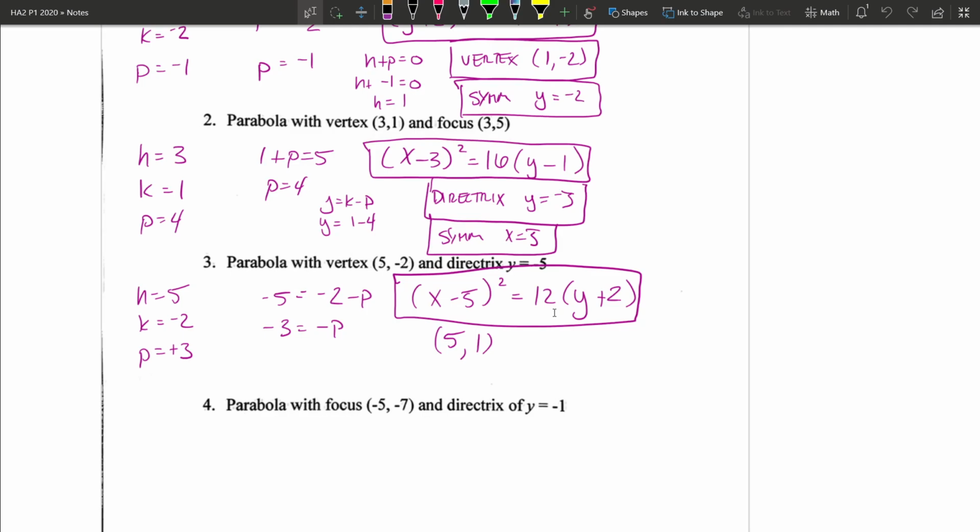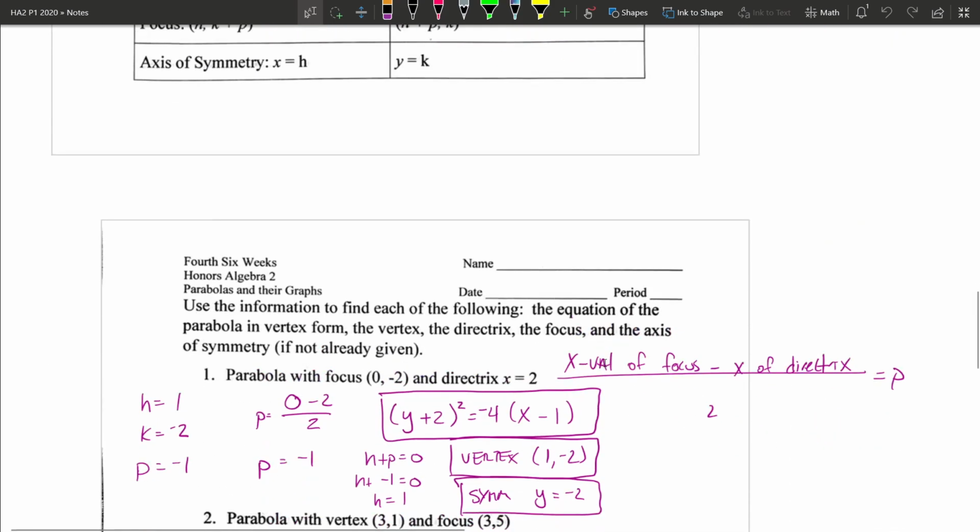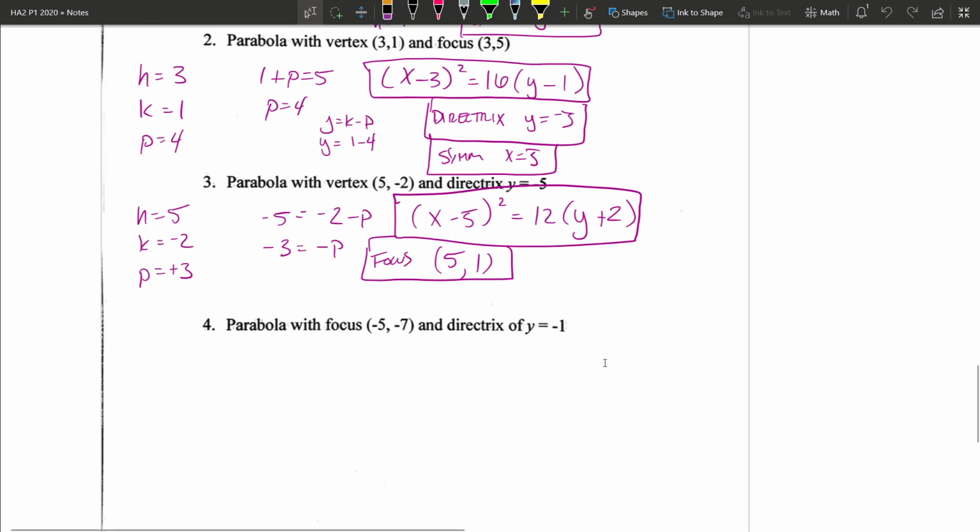Let's write focus. Like that. Okay, what was next on the list? They wanted the axis of symmetry. So this is a vertical opening. Axis of symmetry is x equals h. So symmetry is x equals h. I think that was it, wasn't it?